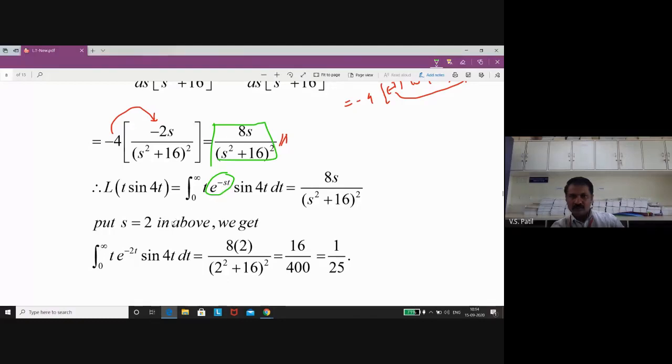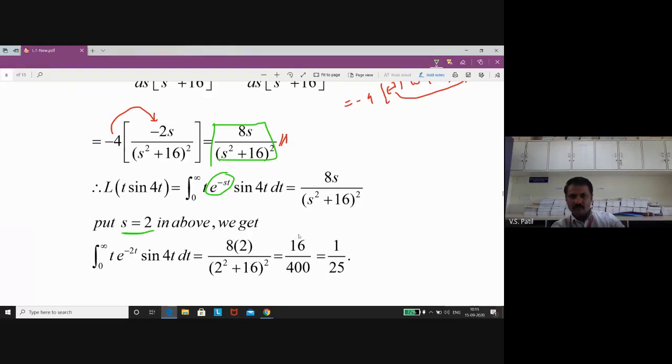So in place of s, just replace s by 2 in the above equation, both sides. What you will get is the integral from 0 to infinity of t into e to the power minus 2t into sine 4t dt. Here if you put s is equal to 2, you will get 8 into 2 divided by (2 square plus 16) whole square.